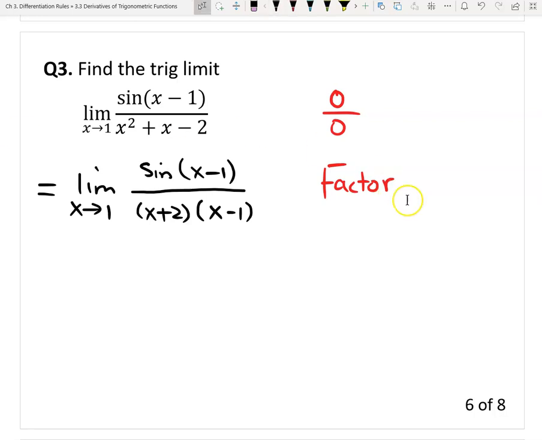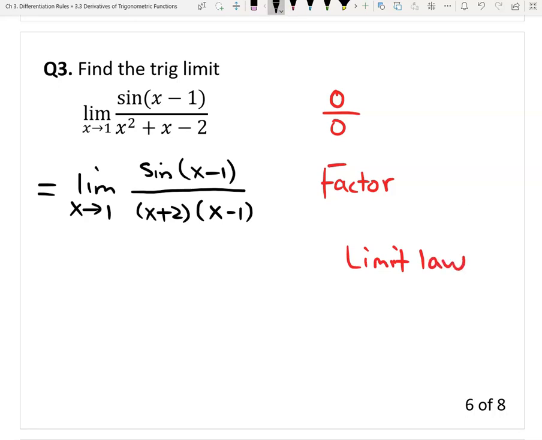Yes, sine of x minus 1 is theta, and this is also theta. So we definitely find sine theta over theta, which means the formula. Now we need to separate this fraction into two, using the limit law, the product law.